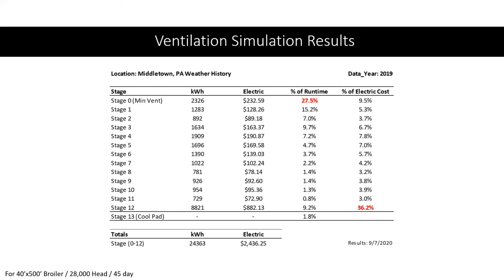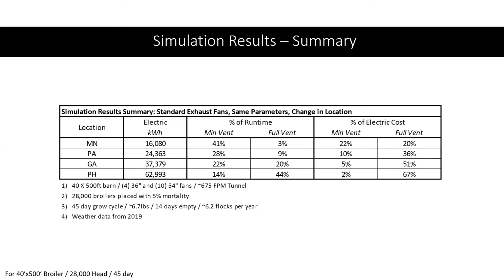But what's really notable, especially when we think about hot climates, is if you go over to the actual percentage of electric cost, across from that 27.5 that we looked at, our electrical cost in min-vent was only a little less than 10% of the total electric costs, whereas if you go down to stage 12, it's a whopping 36% of the cost. So this has an impact as we think about VFans and the number of VFans and how climate impacts that.